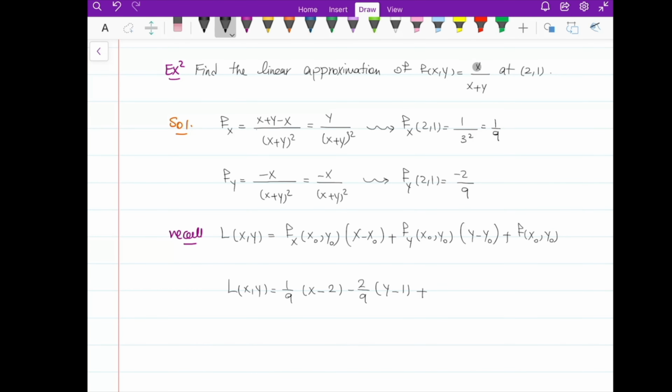I'm gonna plug in 2 over 2 plus 1, so I get 2 over 3. Okay, that's the linear approximation of this function.